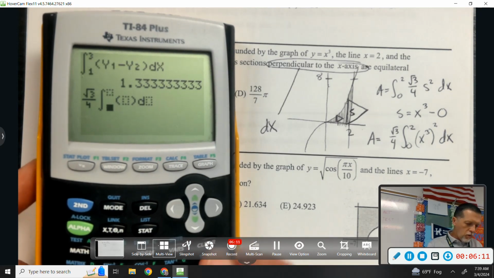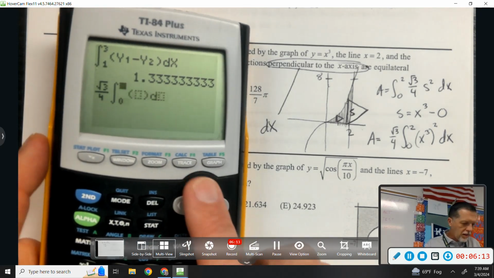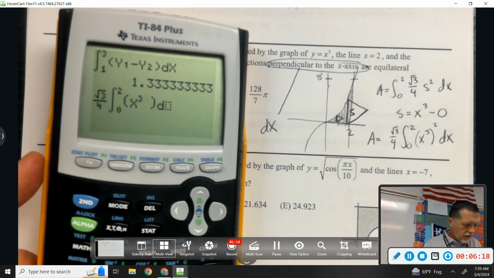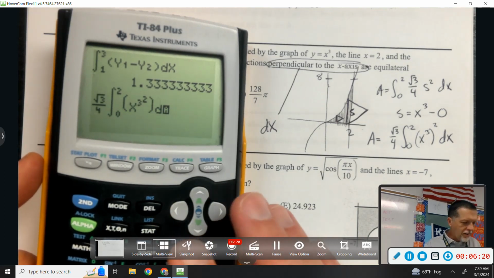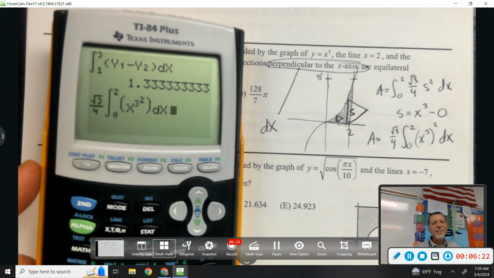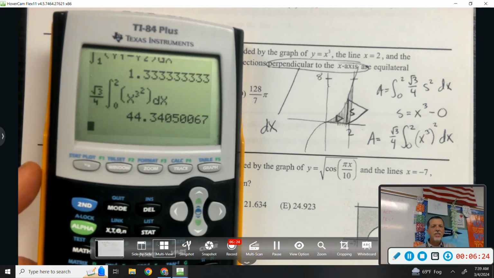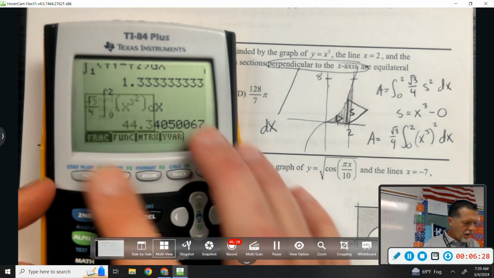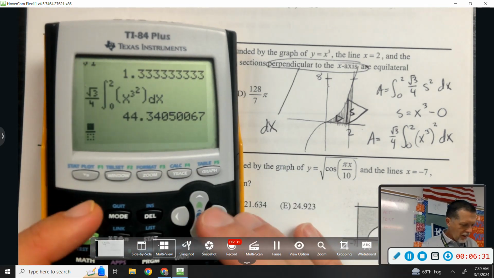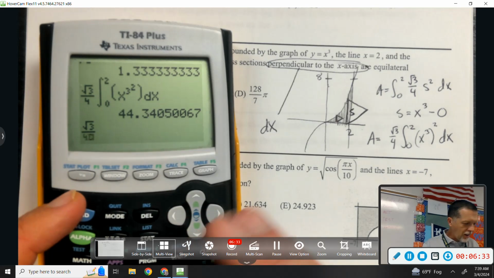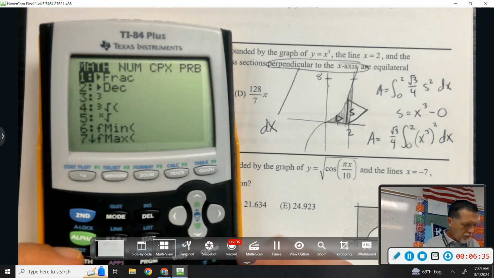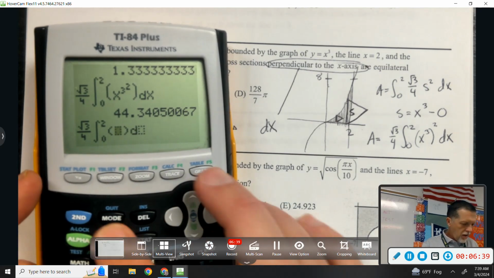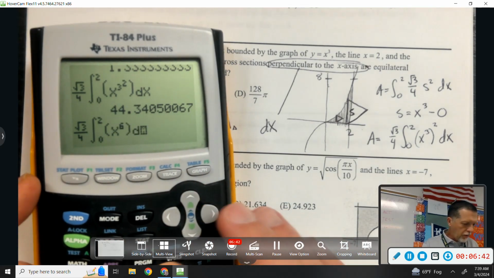So root 3 over 4, math 9, 0 to 2, x cubed squared. That looks kind of funny, but that's right. If you're not sure about the cube squared thing and you wanted to do the x to the 6th, I don't know that I would be doing this during the test, but maybe if you wanted to go back and check it. Right, those should be the same answer.